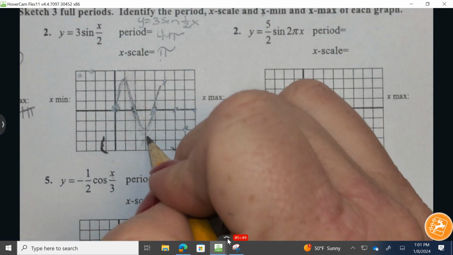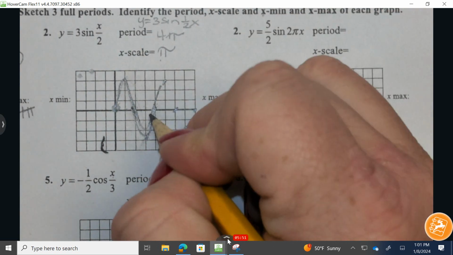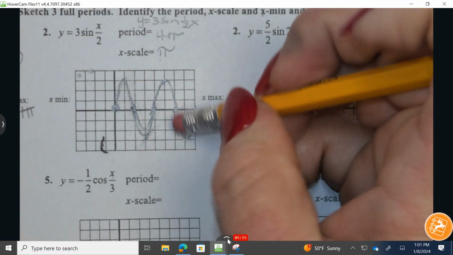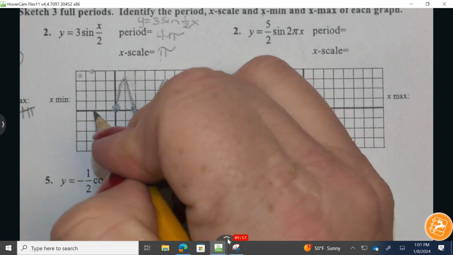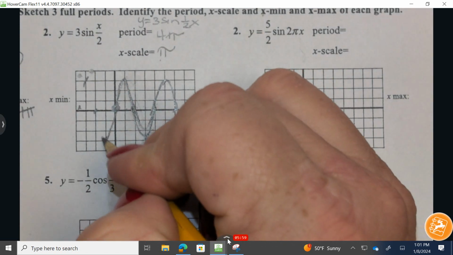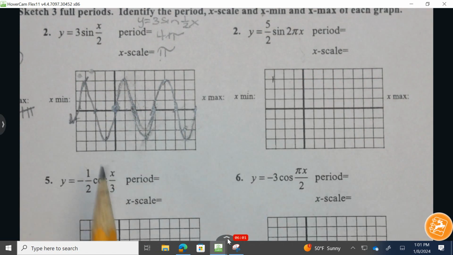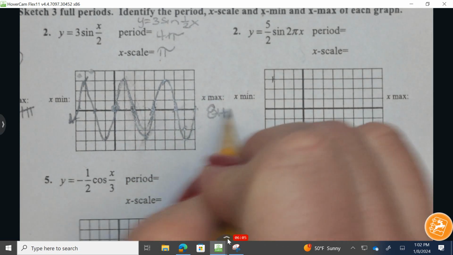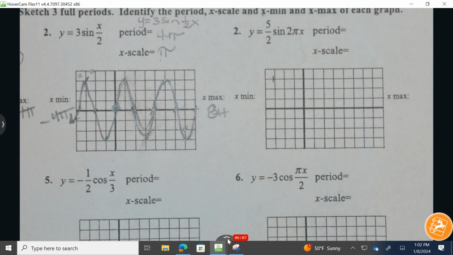Oh, I'm making mistakes. And then I'm going to go the opposite way as well. Okay, so there's one cycle, 4 pi. Another cycle would be 8 pi to the right and negative 4 pi to the left.